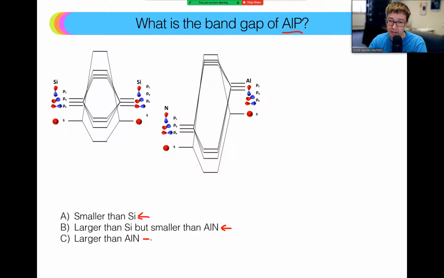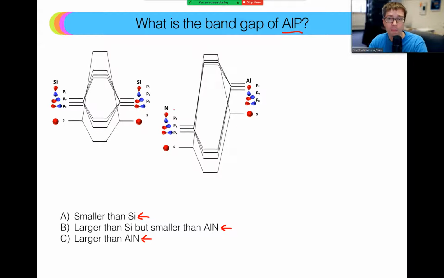Or it could be larger than aluminum nitride. Okay, and for convenience, I've depicted both the silicon molecular orbitals as well as the aluminum nitride molecular orbitals. Okay, pause the video, work through this problem.